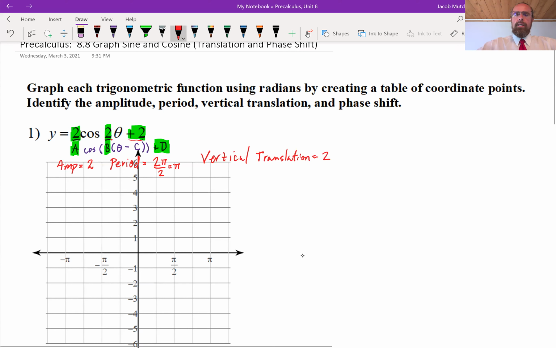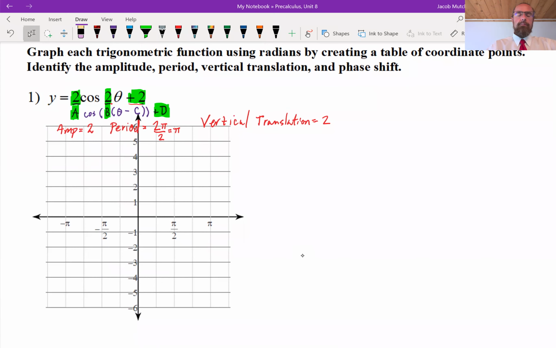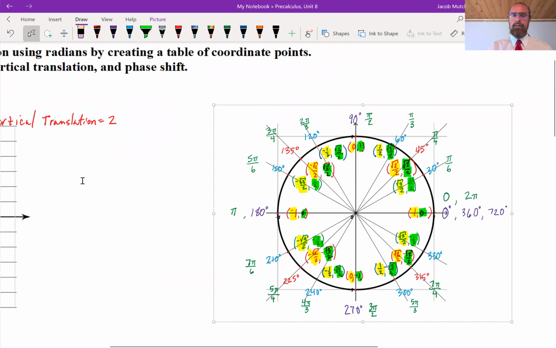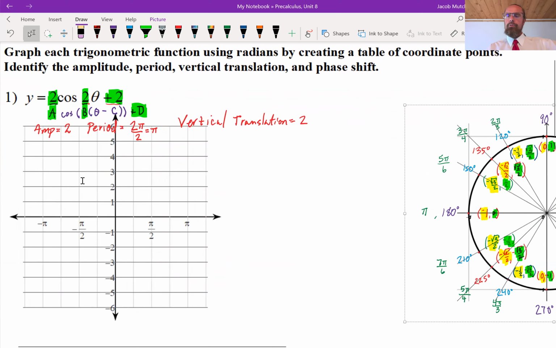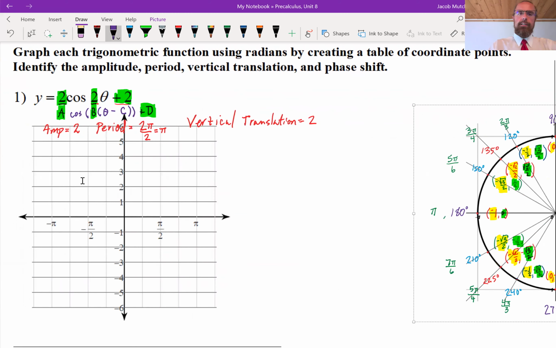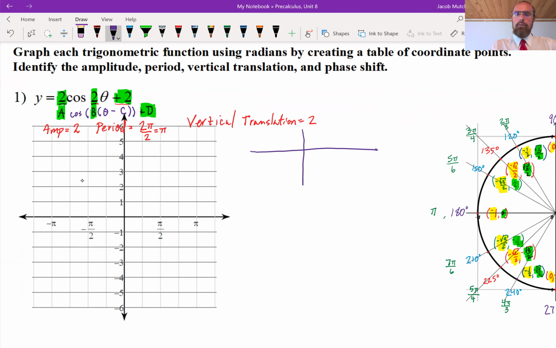So let's follow that initial analysis by graphing the function. What I'd like to do is keep in view our unit circle. That's really how we define our trig functions. So there's our unit circle. What I want to do is start creating a table. And let's just put our theta and our y value.